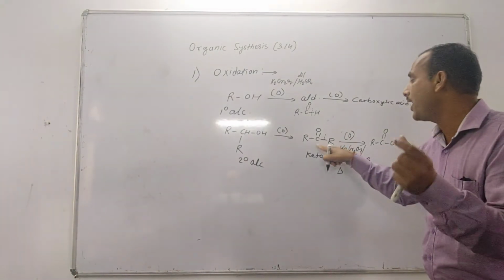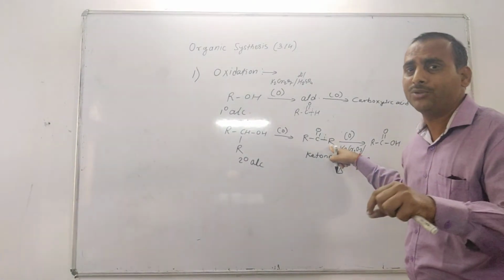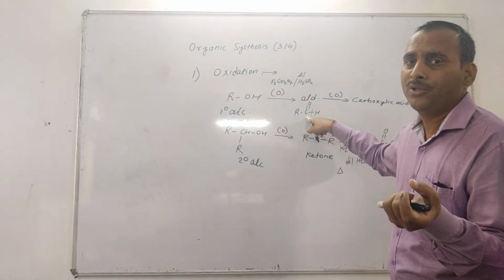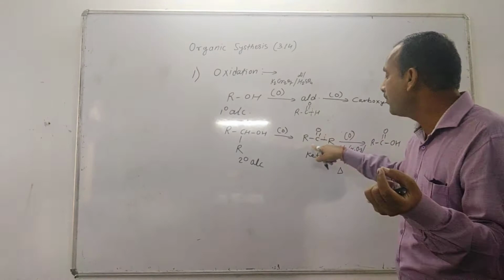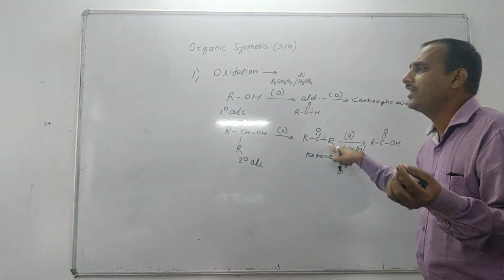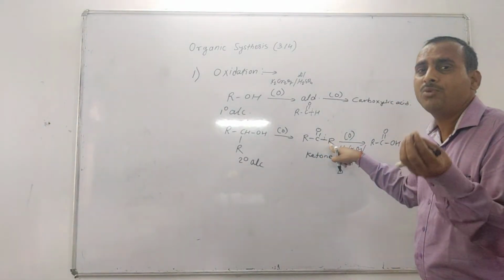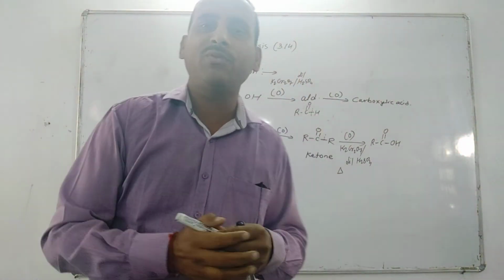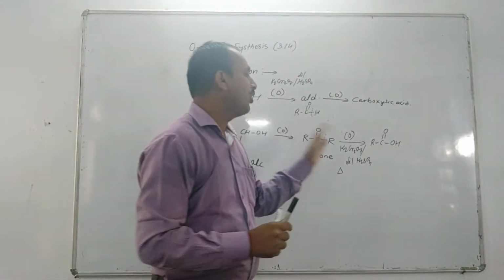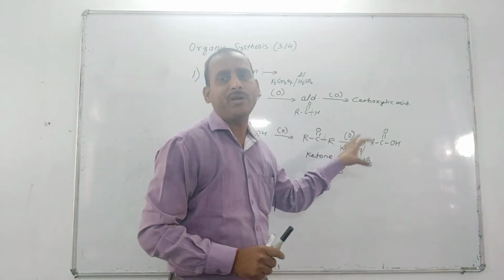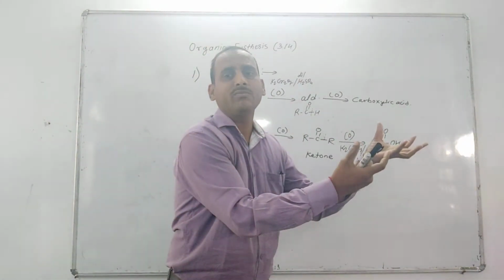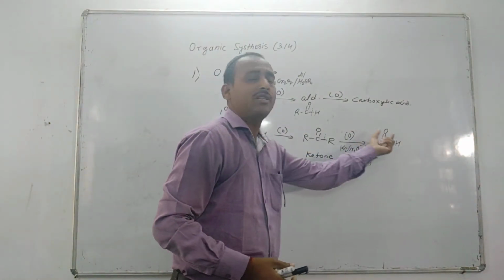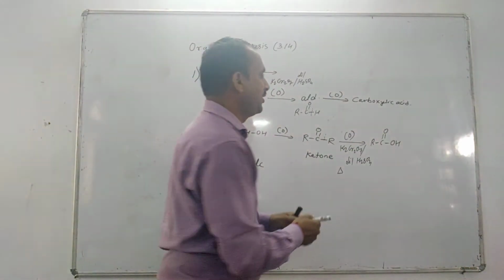So breaking of a carbon-carbon bond takes place in ketone, and in aldehyde there is breaking of a CH bond. More energy is required to break the carbon-carbon bond, and therefore the oxidation is carried out at high temperature and for a long time, and after that this ketone gets oxidized to carboxylic acid.